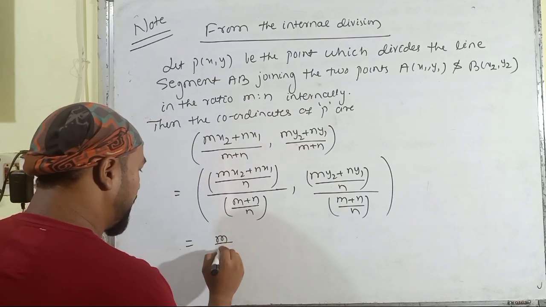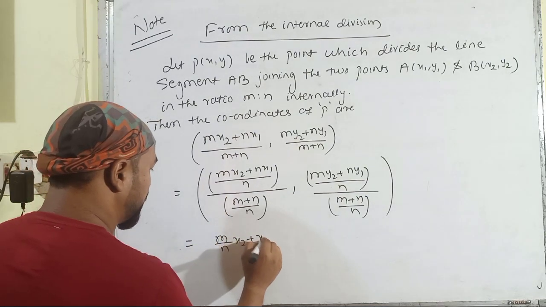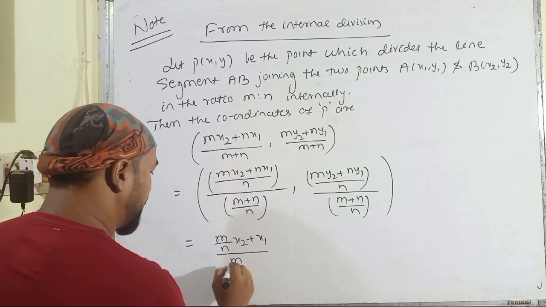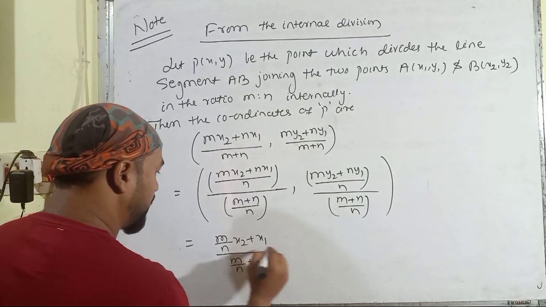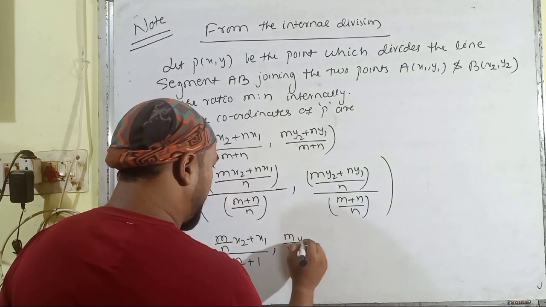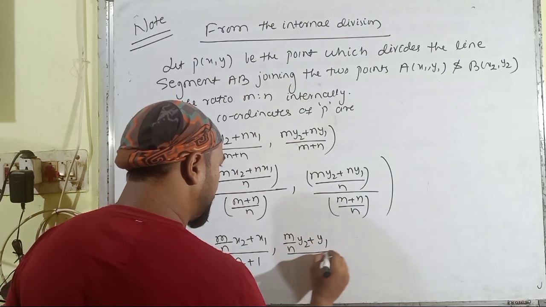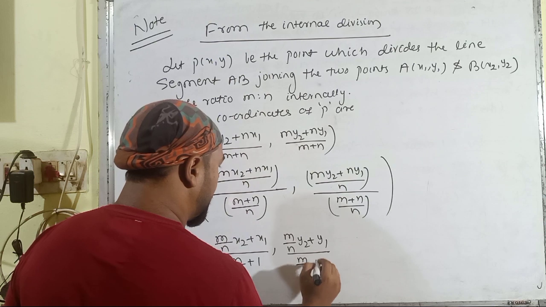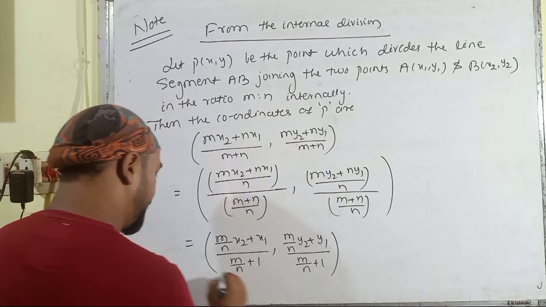So it will be ((m by n) x2 plus x1) divided by ((m by n) plus 1), then ((m by n) y2 plus y1) divided by ((m by n) plus 1).